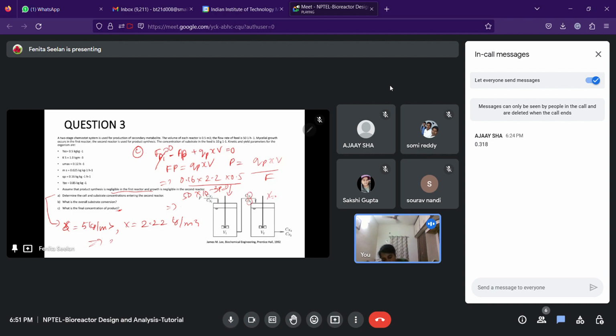The answer is 3.52 kilogram per meter cube, right?